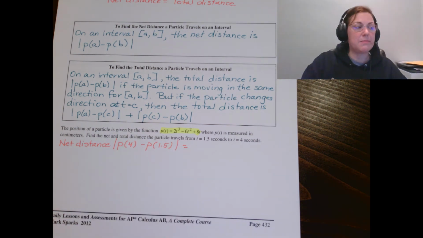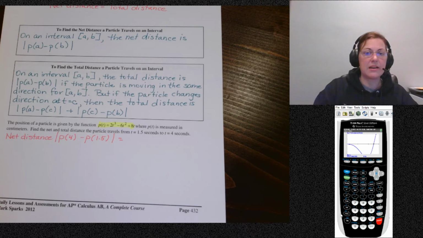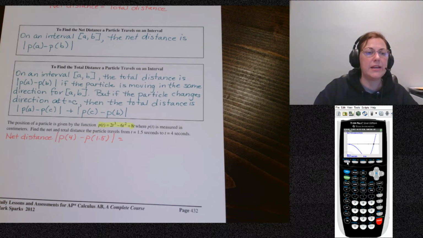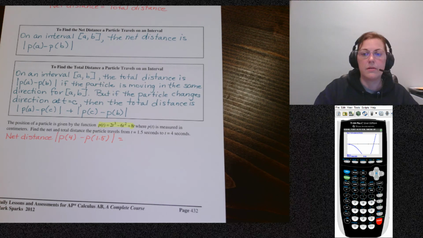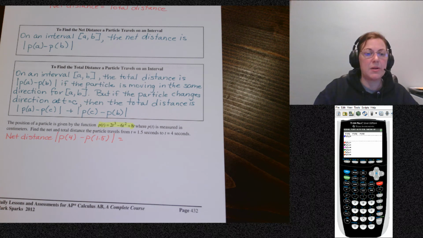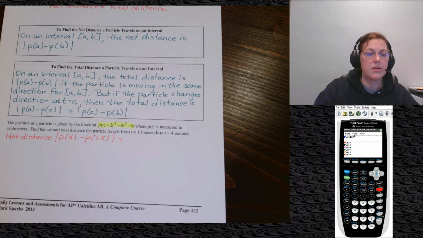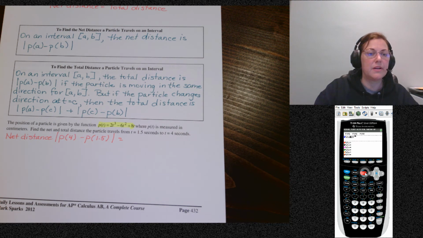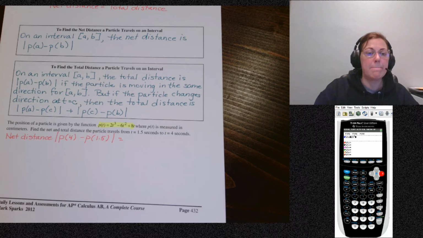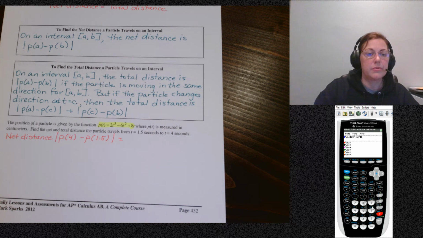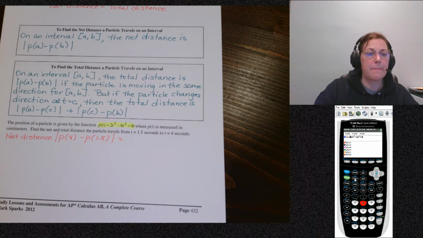I'm going to put this one in my calculator. I'm going to switch my view so we can all see my calculator. I have a graph still on there, so let's just go to y equals. I'm going to clear it out, and I'm going to put my new position in here: 2x cubed, minus 6x squared plus 8x.